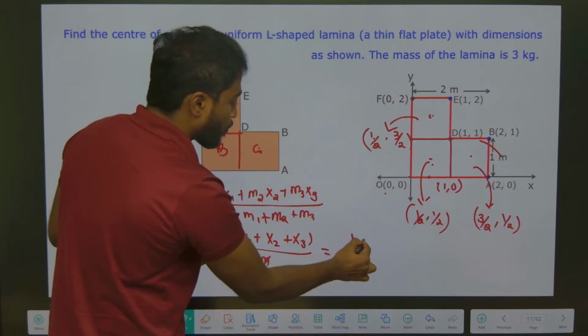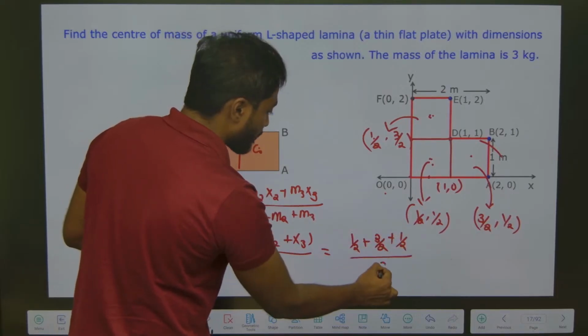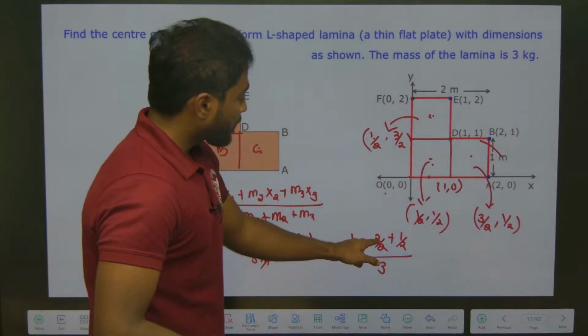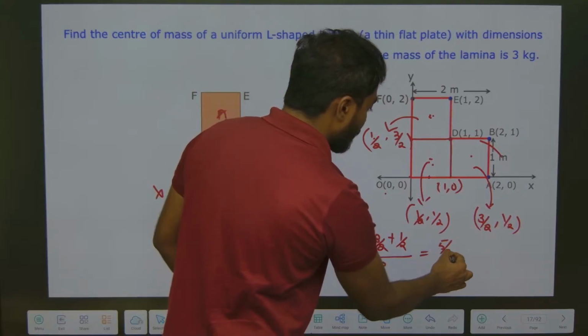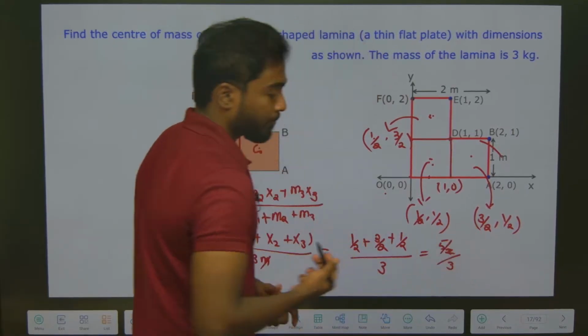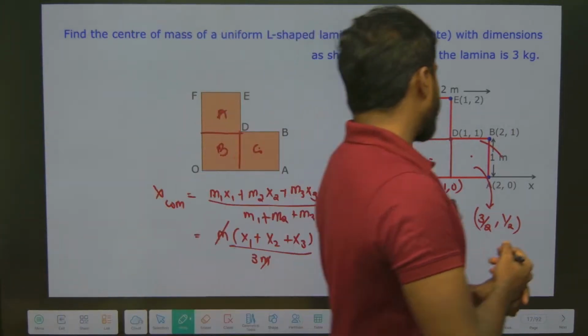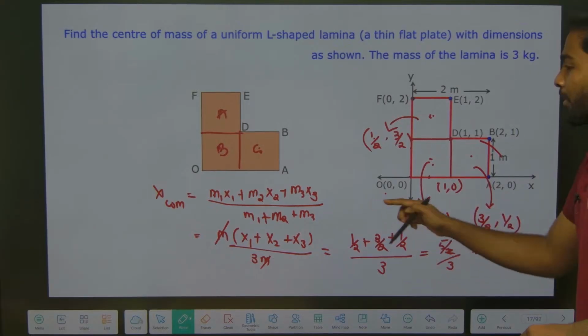So 1 by 2 plus 3 by 2 plus 1 by 2, divided by 3, gives 5 by 2 divided by 3. The answer is 5 by 6. This is for the x center of mass.